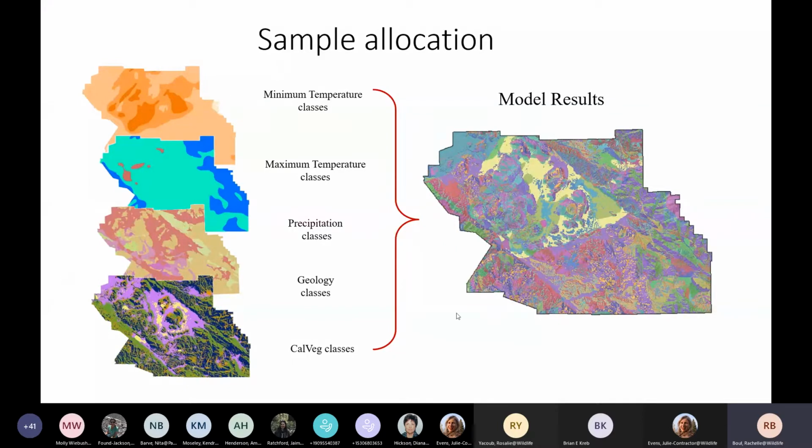So, for this project, Rosie Yakub, who you all heard her voice earlier, created the sample allocation by first limiting the scope of the allocation to only areas that are accessible to the field crews. Areas that are within a certain distance from a road, as well as properties that crews had permission to access. And then she used this schematic here of a random tessellation stratified survey design, or a GRTS design, to stratify the remainder of the study area.